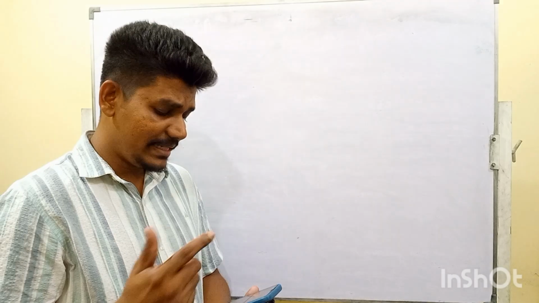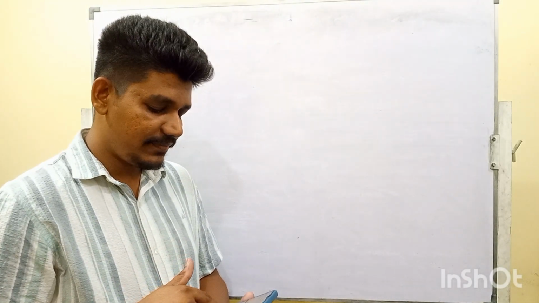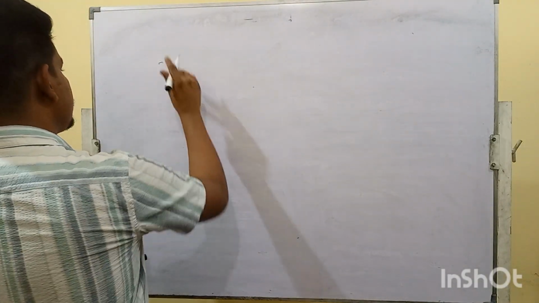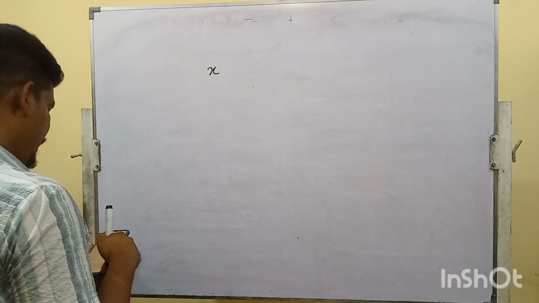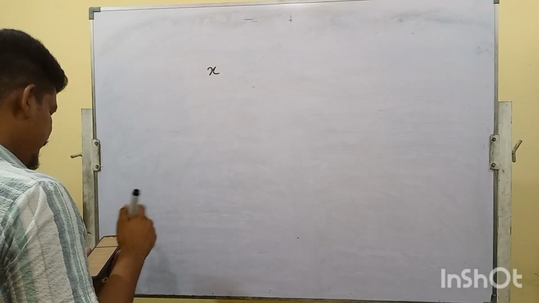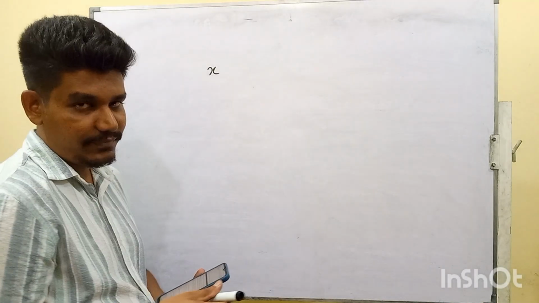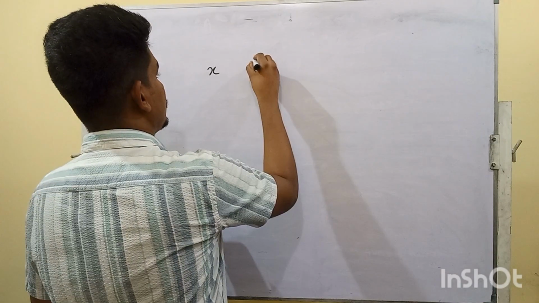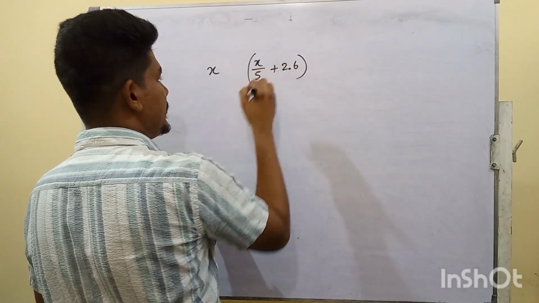Now, how can you build up the equation? It says it produces coconut oil using x kilograms of copra per hour. Within an hour, x kilograms of copra are needed, and in the production of coconut oil, a profit of X divided by 5 plus 2.6 rupees can be obtained from 1 kilogram of copra.